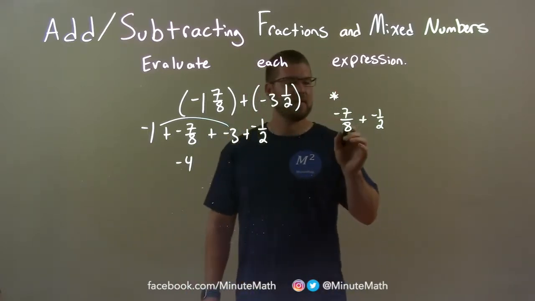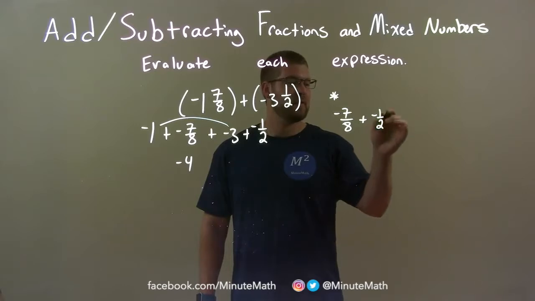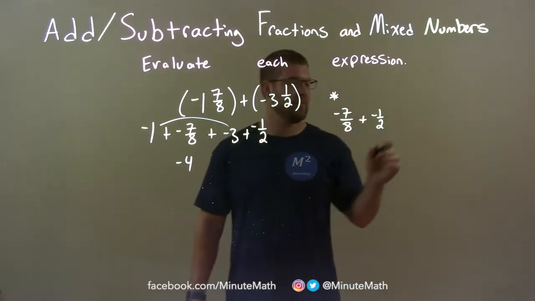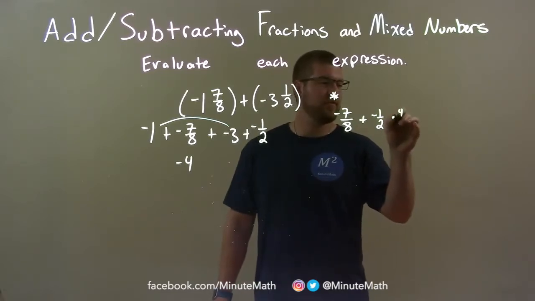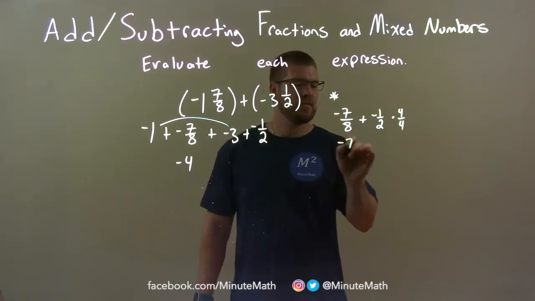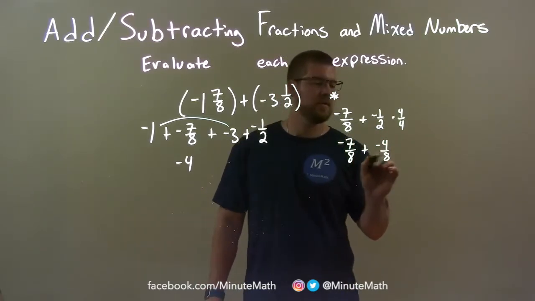Well, we need to have the same base. So I know that -1/2 is the same thing as -4/8, and that's going to have the same base. And essentially what I'm doing is multiplying this by 4 over 4, trying to get that denominator there. So -7/8 plus a -4/8, okay?